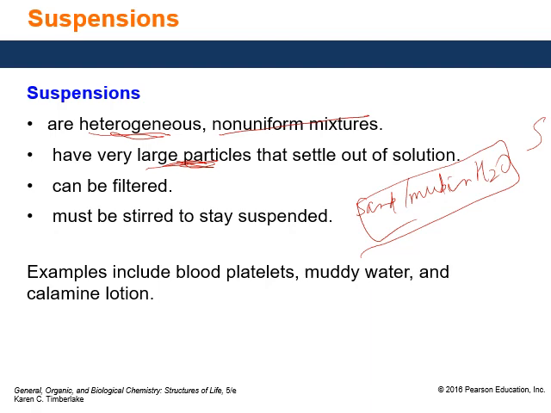If we stir the mixture and let it settle down, at some point the solute is going to completely settle because of its weight, and therefore it can be filtered out from the solution. That is an example of a suspension.